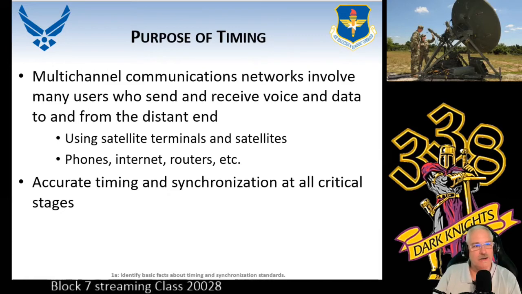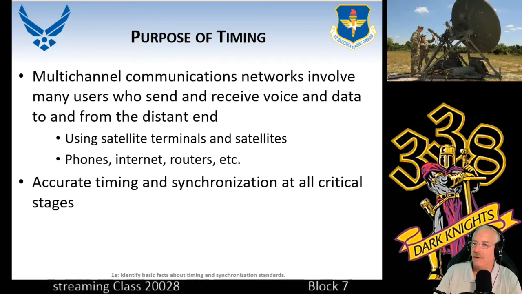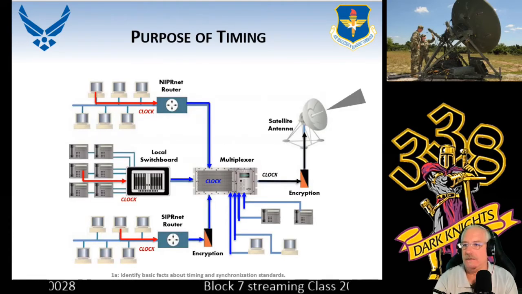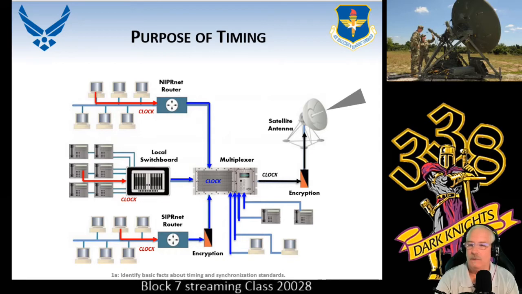So with multi-channel communication networks, the bottom line is everybody needs to have timing, just like your game's going to need to have timing when you're playing multiplayer games. Now, in this particular scenario, you'll see in the center of this picture is a multiplexer. This multiplexer was in the course probably about 10 years ago, and it is a fantastic device to learn from and how multiplexers work.